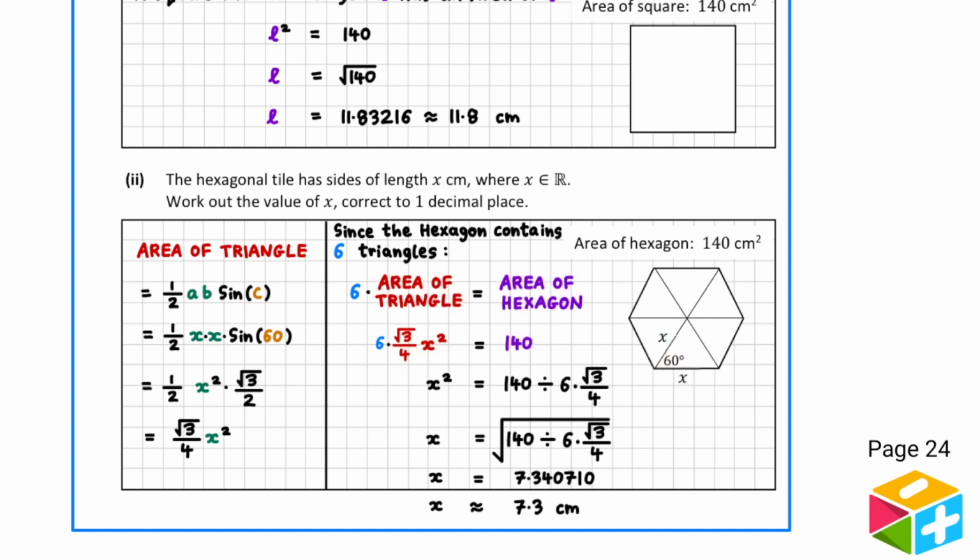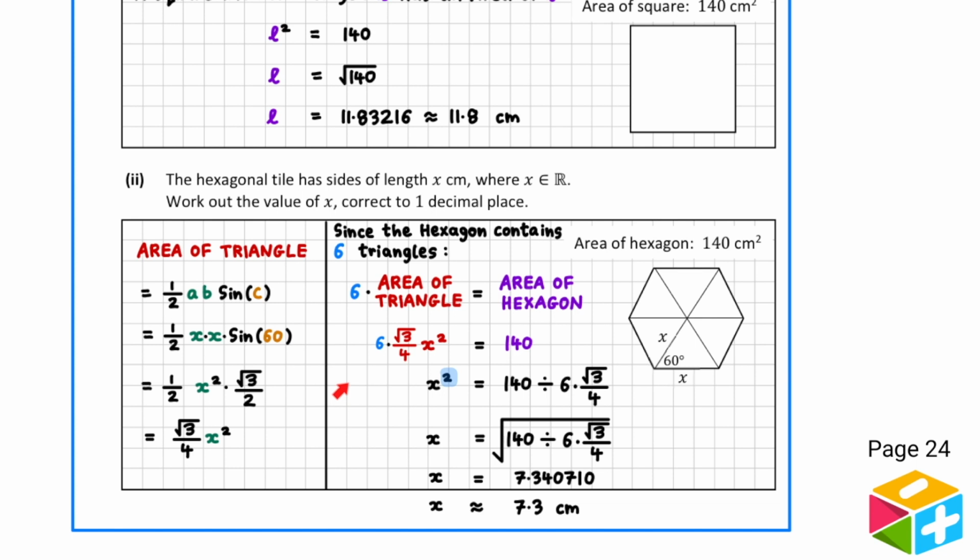In our equation, the X squared is being multiplied by a constant, 6 times the square root of 3 over 4. To remove this multiplication, we should divide both sides by this number. We now know what X squared is equal to, so to solve for X, all we have to do is remove this square.